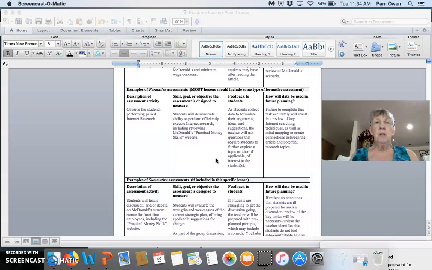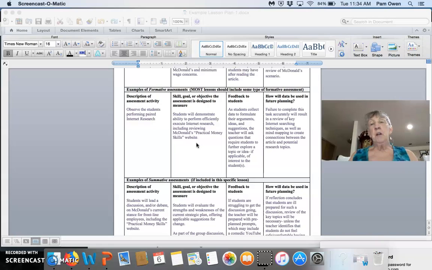So she's going to look for students being able to demonstrate ability to perform efficiently, execute internet research, including reviewing McDonald's Practical Money Skills website.